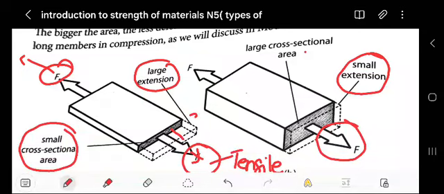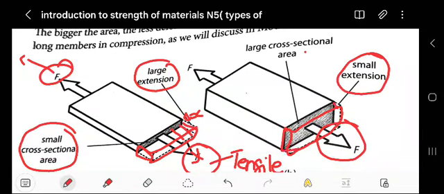That we call the change in x, the change in length, by which this object will be extended. You see, after the stretch, the force will influence it to stretch till there. But as you can see, the big one, the one with the big cross section, only extends a little bit.